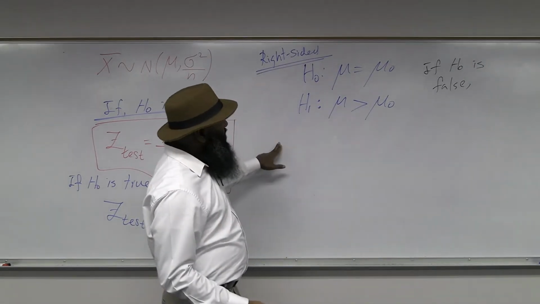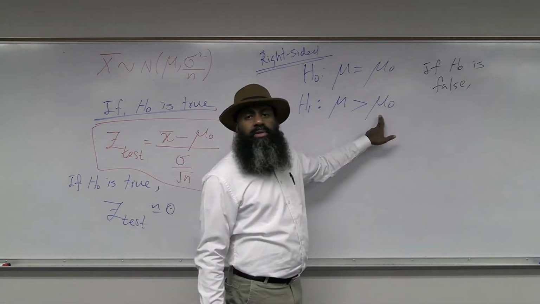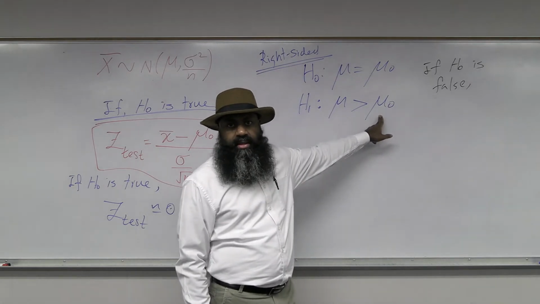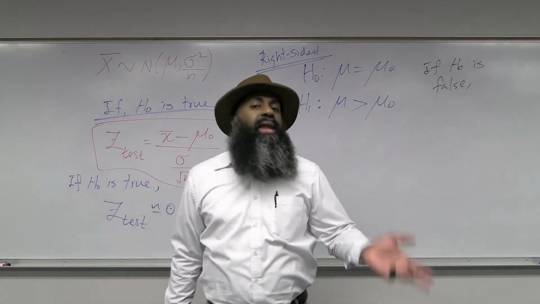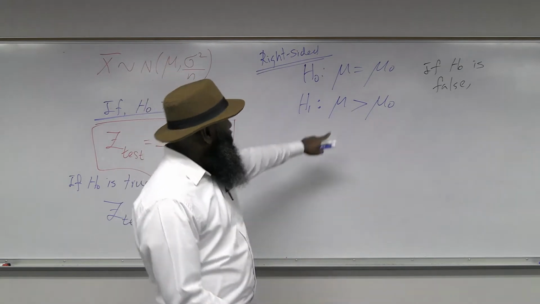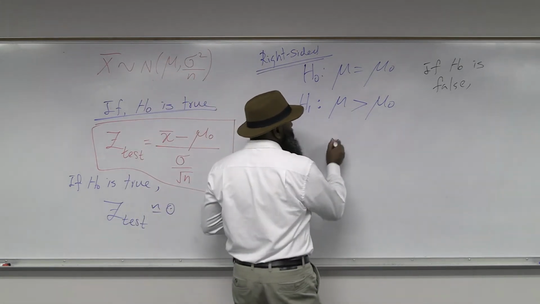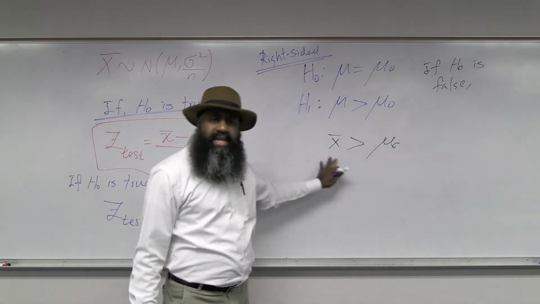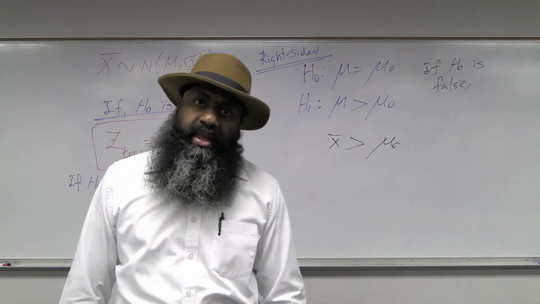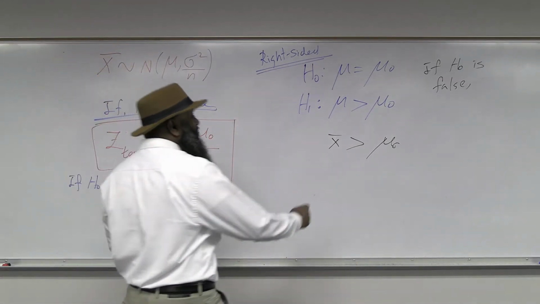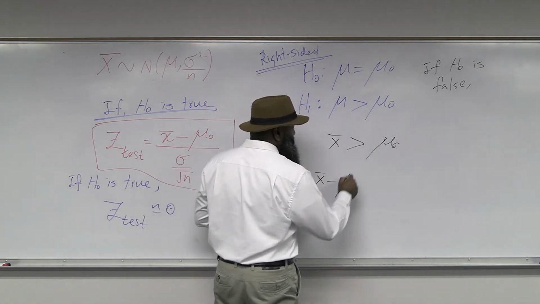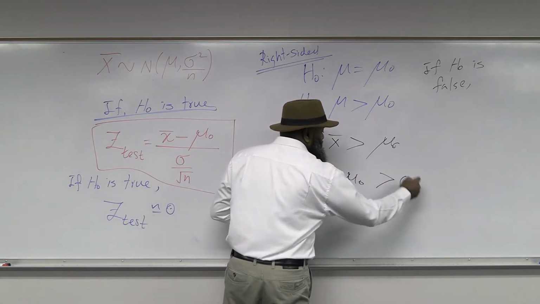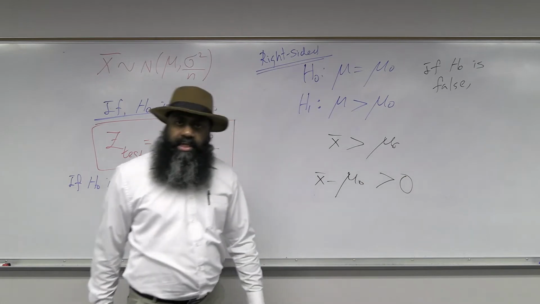But the alternative says mu is larger than mu 0. Mu is larger than mu 0 means the estimate x bar should also be larger than mu 0. Now, if x bar is larger than mu 0, what can you say about x bar minus mu 0? x bar minus mu 0 should be positive, larger than 0.